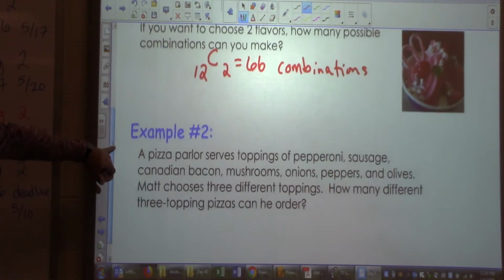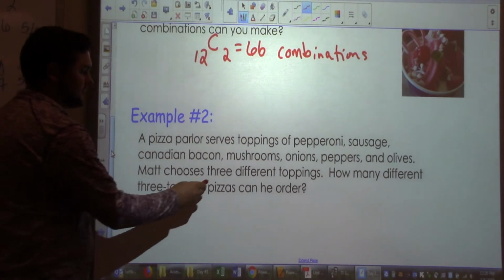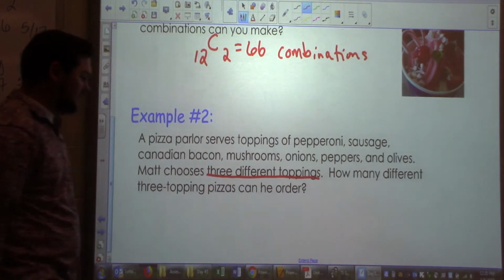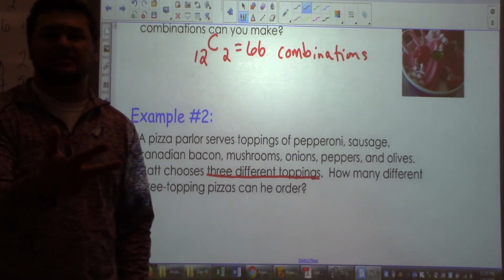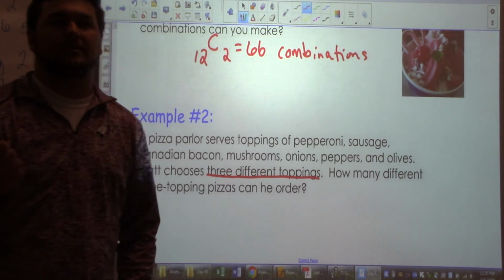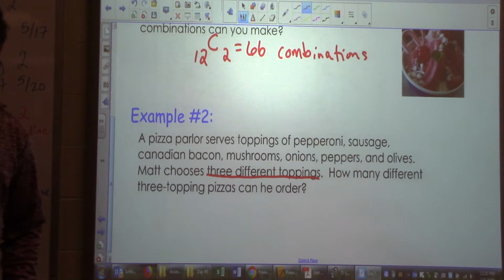All right, example 2. A pizza parlor serves toppings of pepperoni, sausage, Canadian bacon, mushrooms, onions, peppers, and olives. Matt chooses 3 different toppings. How many different 3-topping pizzas can he order? Well, does it matter if I pick pepperoni, onions, and then sausage, or onion, sausage, and pepperoni? No, the same stuff goes on the pizza. It doesn't matter what order I pick it, it still all goes on there.